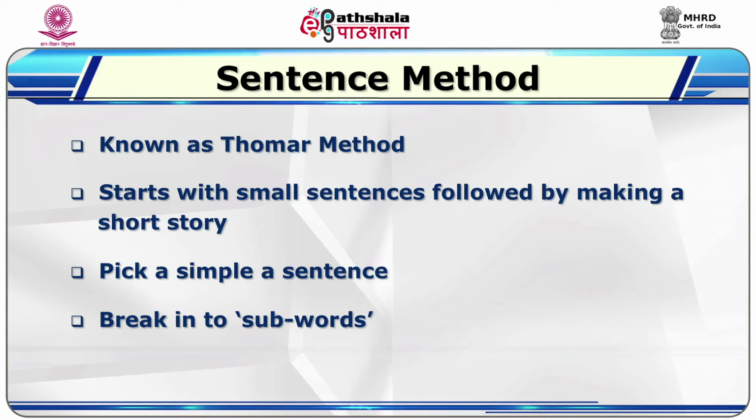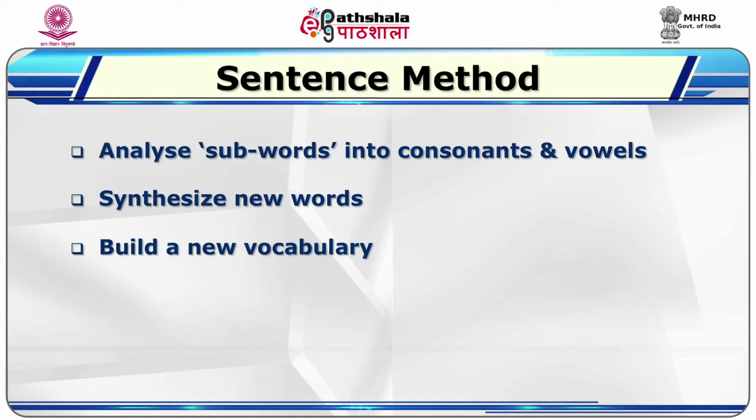It starts with small sentences which go up to make a short story. Beginning with a sentence, the method breaks into analysis of the keywords of the story into subwords and finally the analysis of these subwords into alphabets.